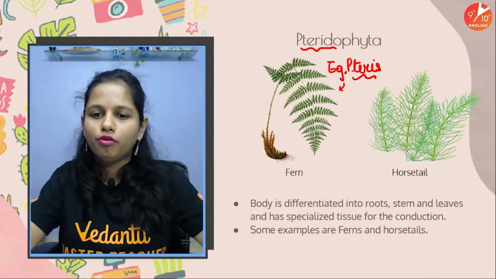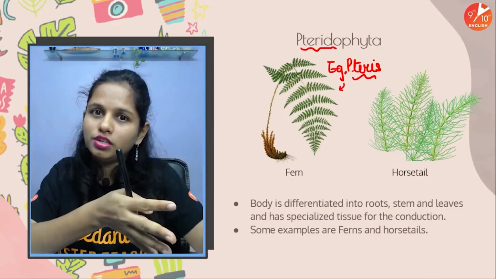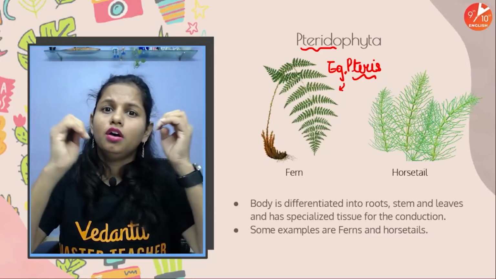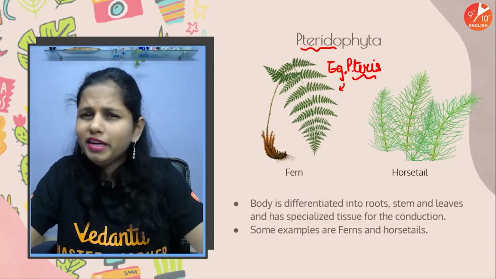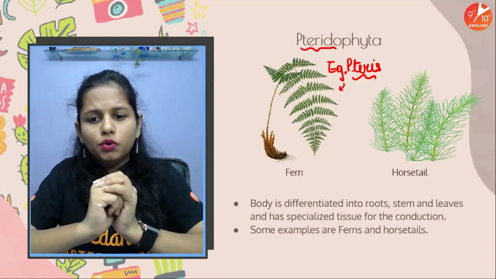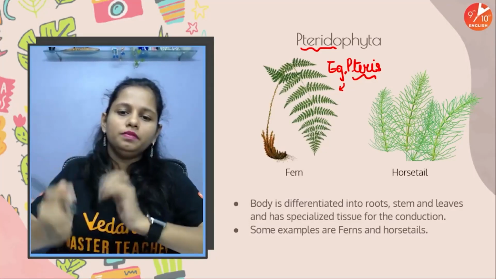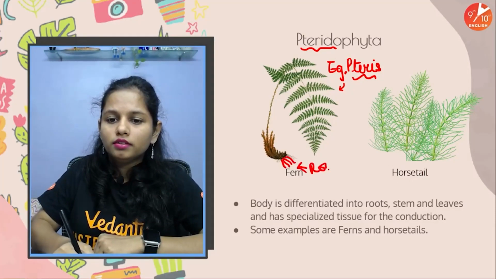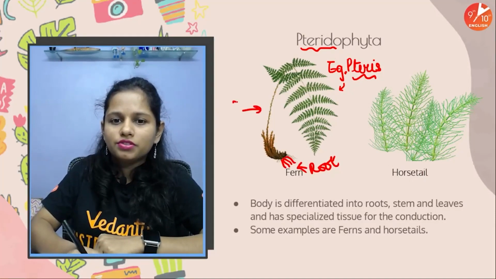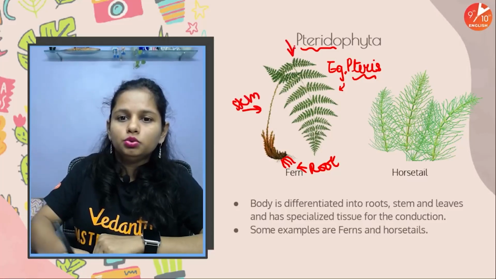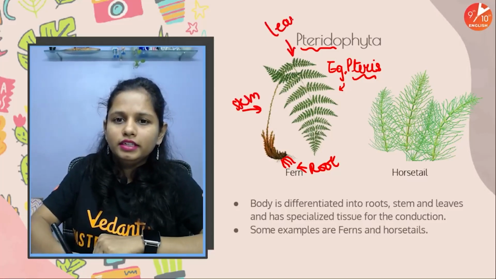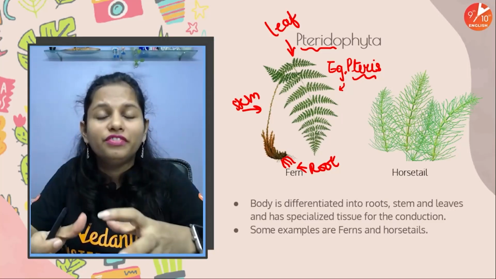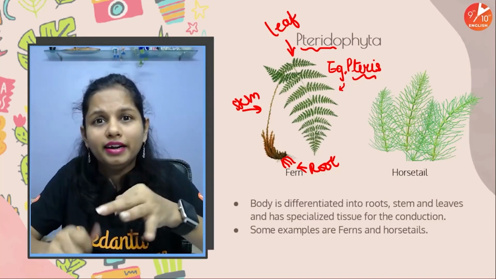There are different types of ferns, like horsetail fern, Pteris, and many other kinds of ferns. Now if you see, they do have roots, stem and leaves, and that's the reason why we say the plant body is well differentiated into root, stem and leaves.